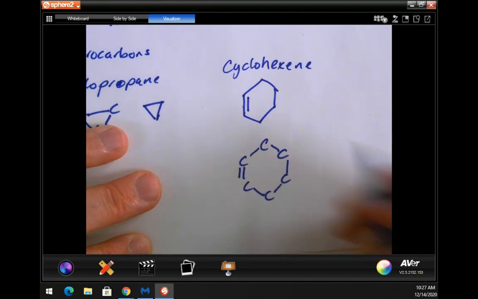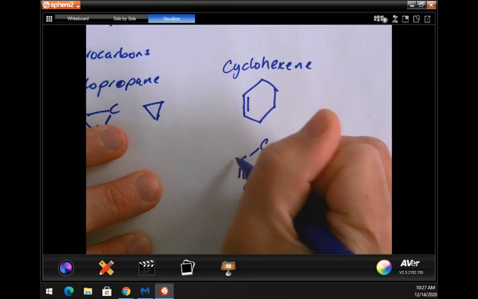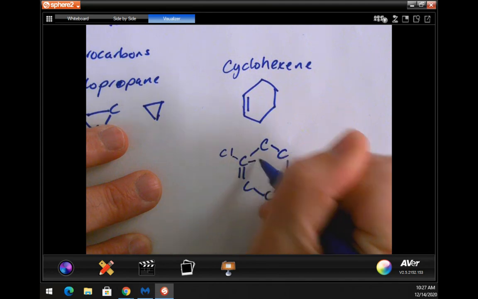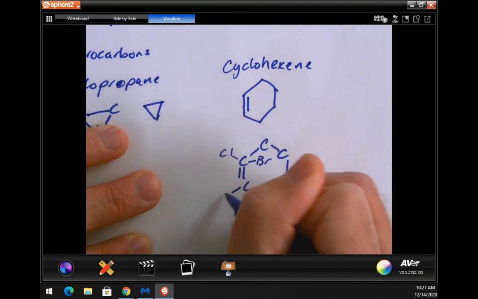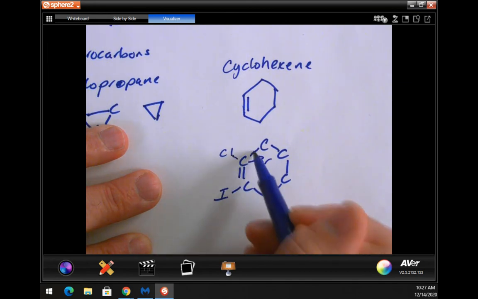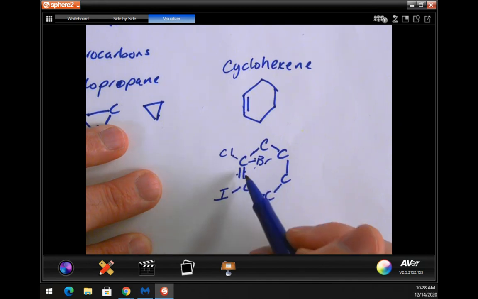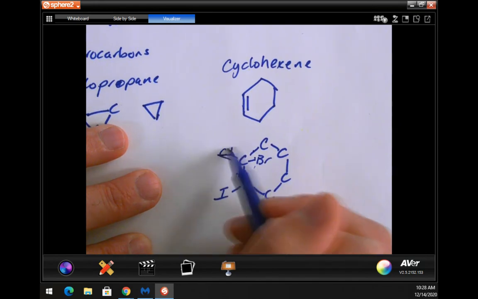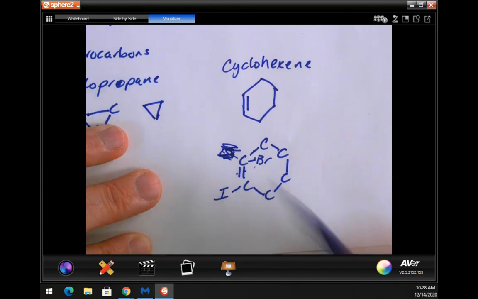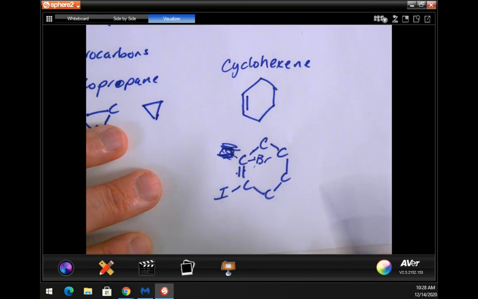So if I give you a test question or quiz question, and it's got something like this garbage here, you can't do that because there's 1, 2, 3, 4, 5. There's 10 electrons around there, and you couldn't do that. Or if I did this and I said, how many hydrogens are around the first carbon? Well, it would be 0. There's not any hydrogens around the first one because they're all occupied by something. Okay.